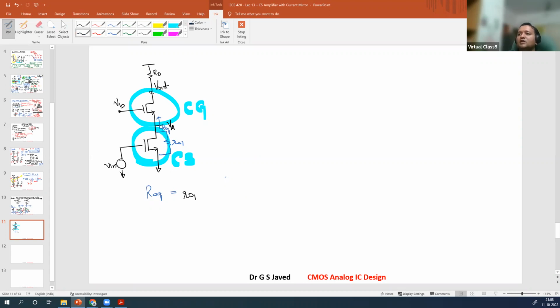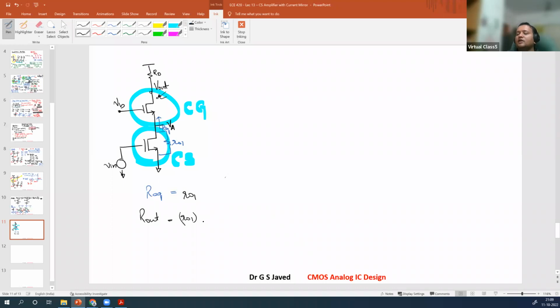Now, what will be the resistance seen at the output here? That resistance will be REQ times GM, the resistance R out. What is the resistance R out looking here? The R out will be R1 times, now this is applying at the source. Remember, it is a source degeneration value here you will get.